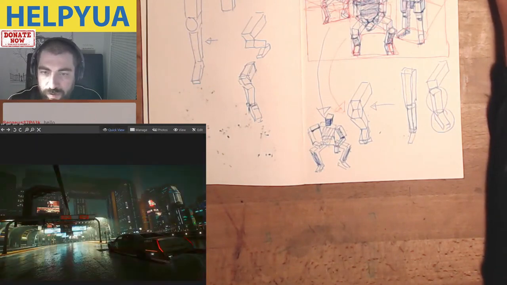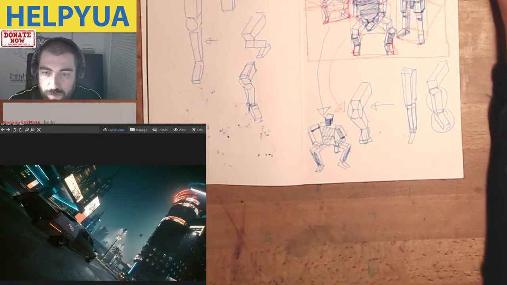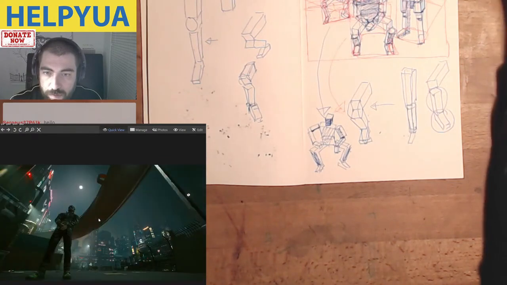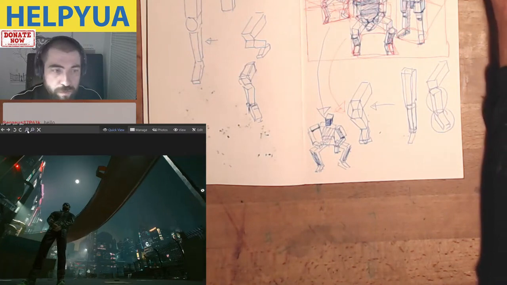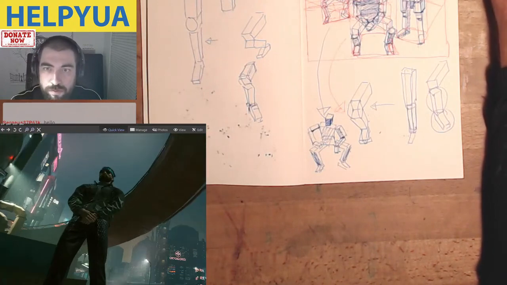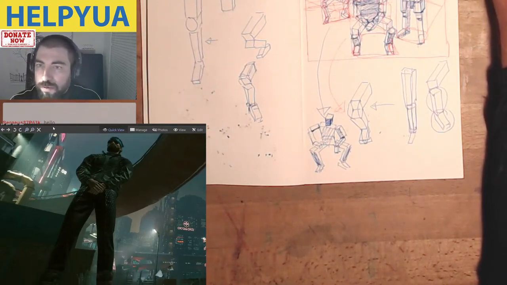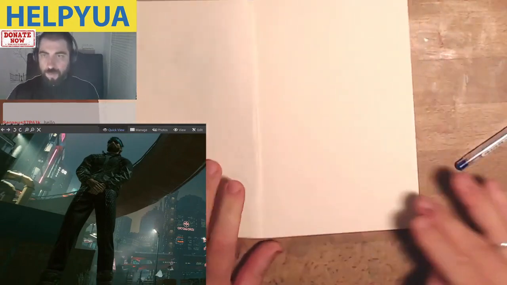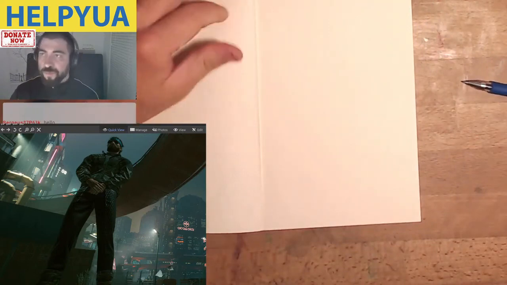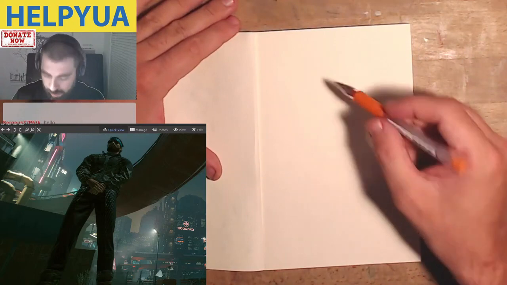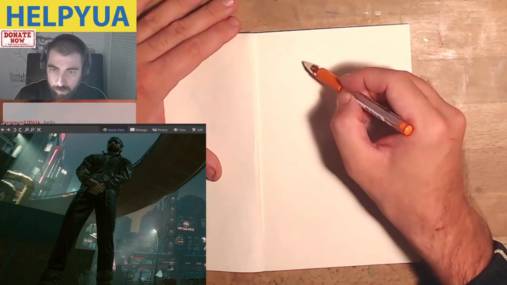Okay, maybe one more example and it will finish for today. Let's see. Okay, let's take this one. This one, very cool angle. So what do we have here? Let's draw him like a box.